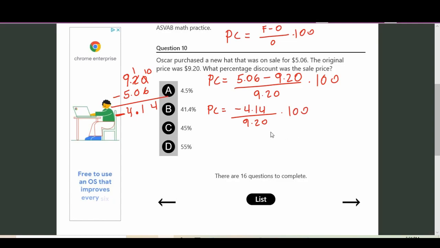Now, the next step is to regard this fraction as a long division. That is, I'm going to do negative 4.14 divided by 920. Before I go any further, I want to point this out. When you're doing multiplication and division, you can use the signs chart if you get lost.